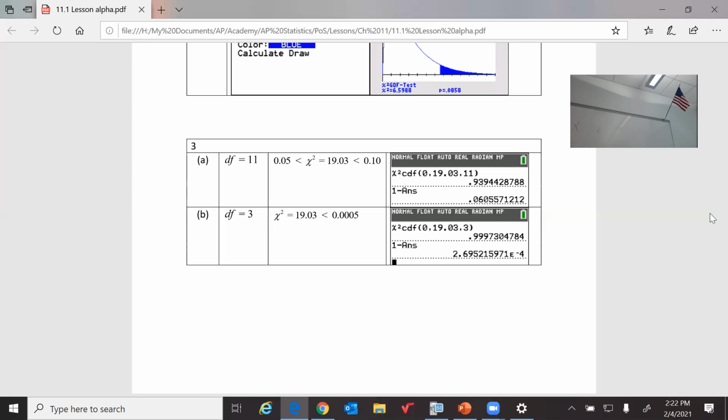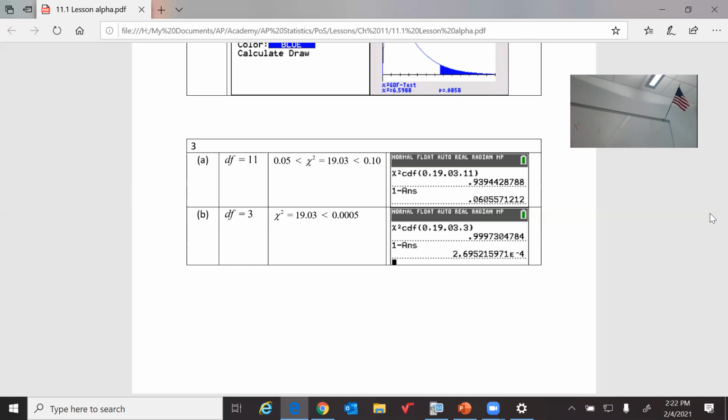Like, when I say 5%, that's the default. But you could get prompts to use other alpha levels. And this test statistic takes you to the body at an alpha level of 5%. It takes you to the tail with an alpha level of 10%.